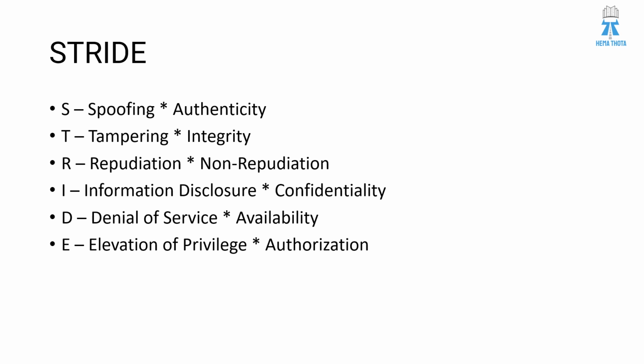Non-repudiation, the opposite is repudiation. Confidentiality, the opposite is information disclosure. Availability, the opposite is denial of service. And authorization, the opposite is elevation of privileges. So this is nothing but a compromise in security attributes.